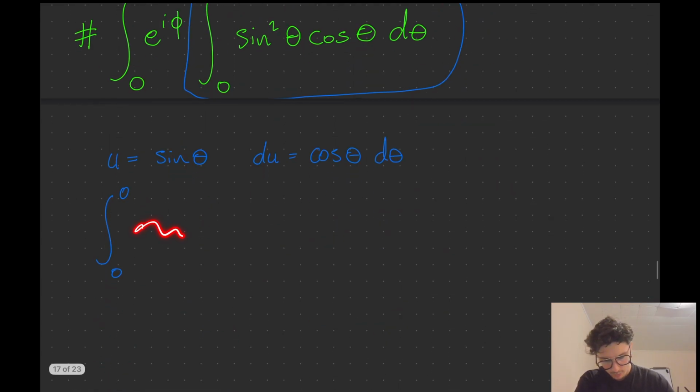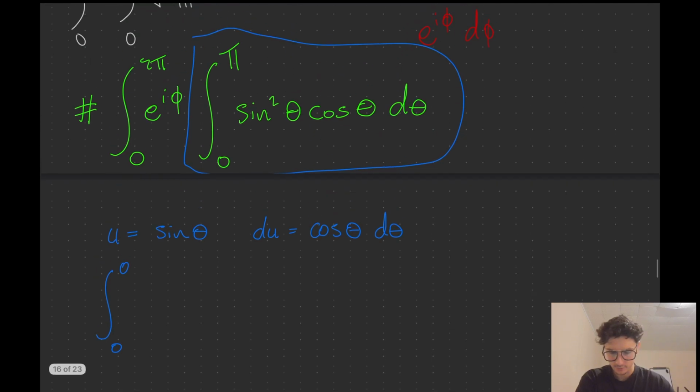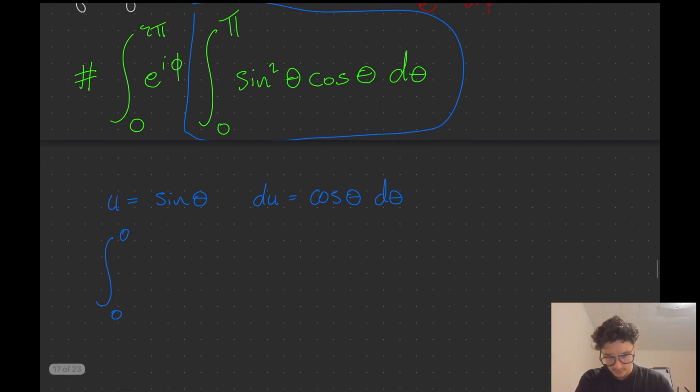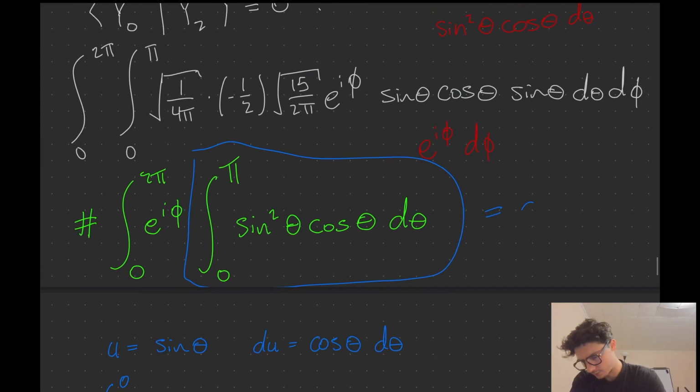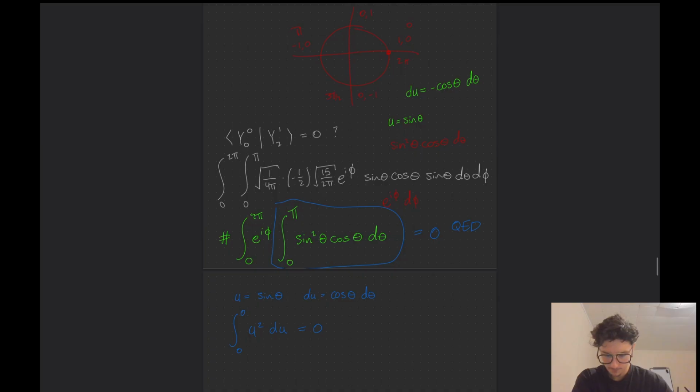So no matter what we put here, this is an integral over a 0 bound. It's going to give you 0 regardless. But let's just write it out. We have u squared du, which equals 0. So this whole thing equals 0, QED. Nice. That's pretty much all we did here. Very quick. Actually, I'm very happy with that. And if we do it the other way too, same thing is going to happen.